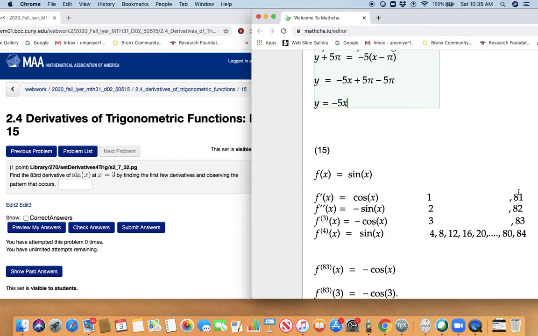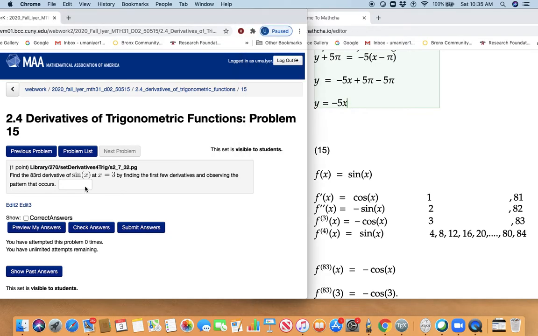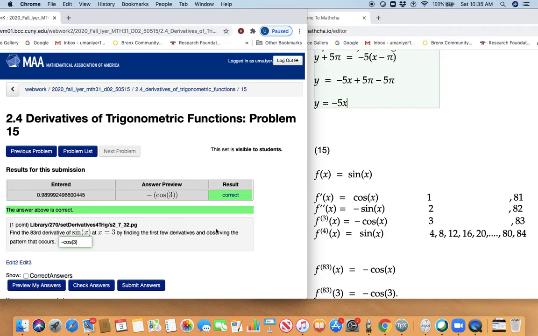So 81st is here. 82nd is here and 83rd is here. Negative cosine x. Now you want to evaluate that at 3. So it's negative cosine 3. Alright. So that completes our list of problems.